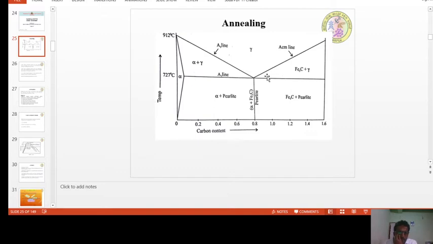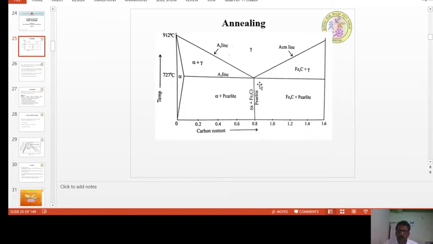Coming to the various phases of this diagram, this is the lower critical temperature line, and this is the point where the eutectoid reaction will take place.